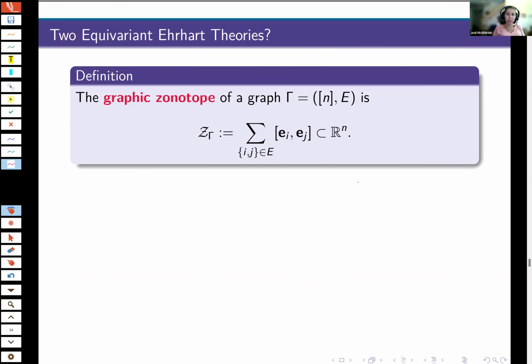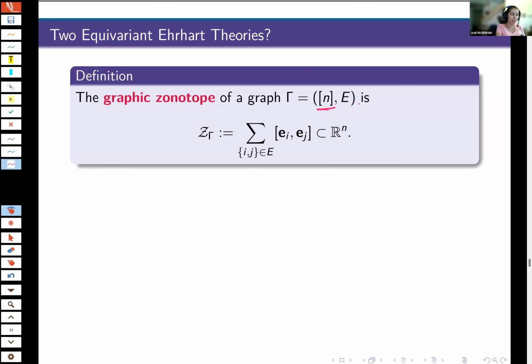But it turns out that this isn't the only group action that you can apply to these polytopes. The other way to look at these polytopes is that they are a graphic zonotope. Remember I said that a zonotope is a Minkowski sum, or a projection of a cube. The way that we build these graphic zonotopes is you start out with the nodes of your graph, and all of them have to be labeled.